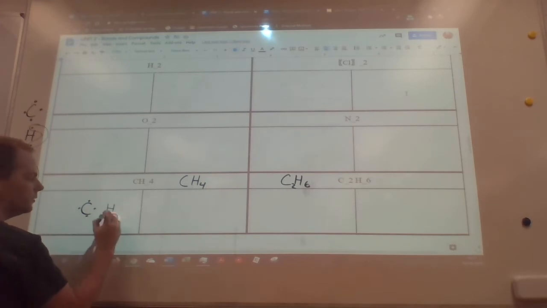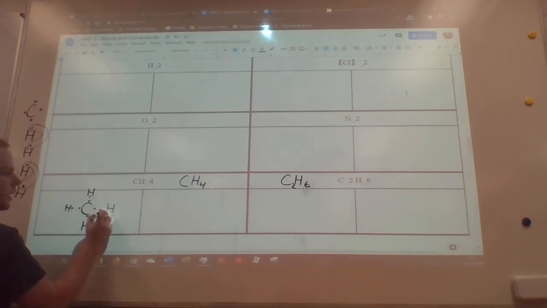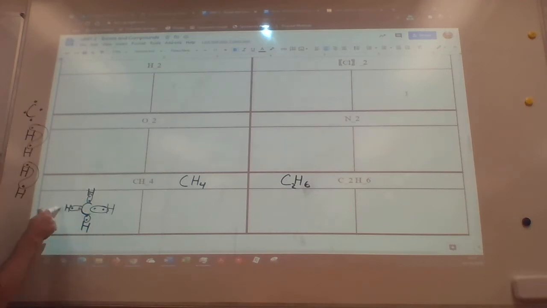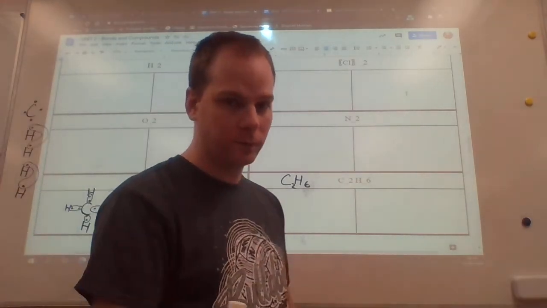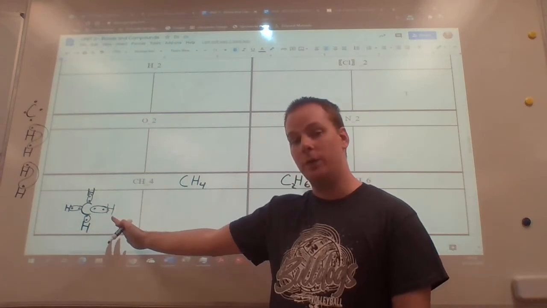So we put a hydrogen on each side of the carbon, each with 1 electron, and it will form this structure. Now, notice the hydrogen is not physically connected to any of the other hydrogens, but all 5 atoms are actually attached. Right? So that is how you do methane.